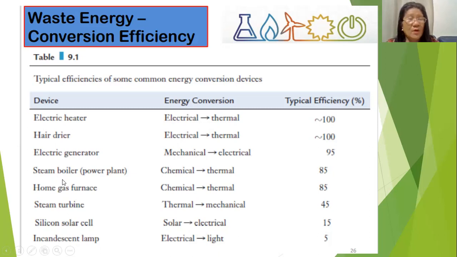The steam boiler, especially in the power plant, is chemical to thermal. That's 85%. Home gas furnace, then steam turbine, the silicon, the incandescent lamp. So these are the different devices having different energy conversions and their total efficiency.